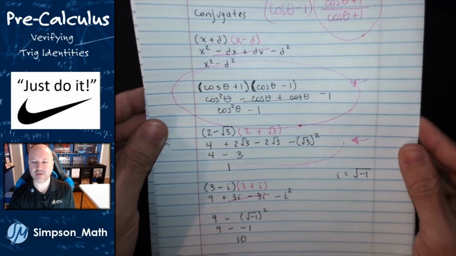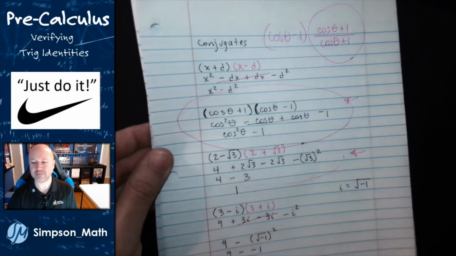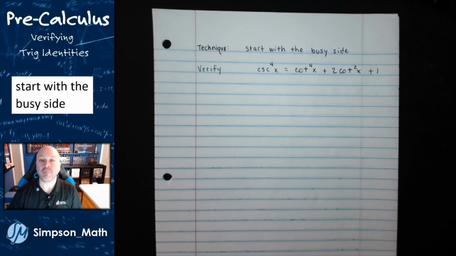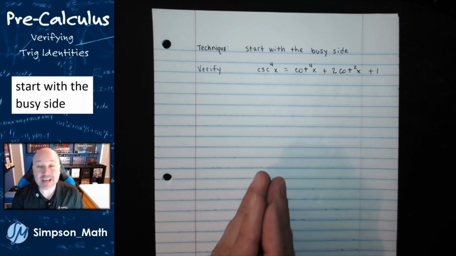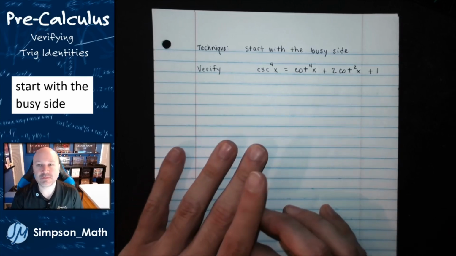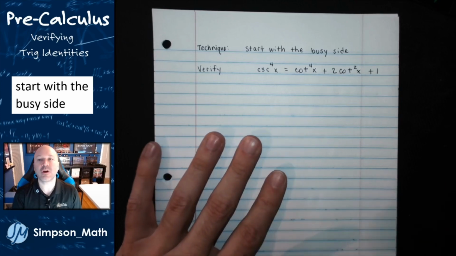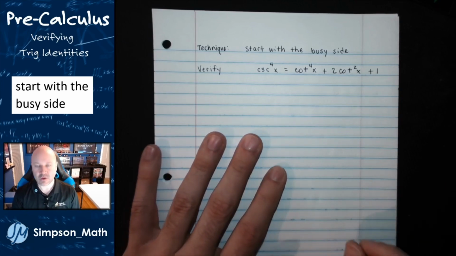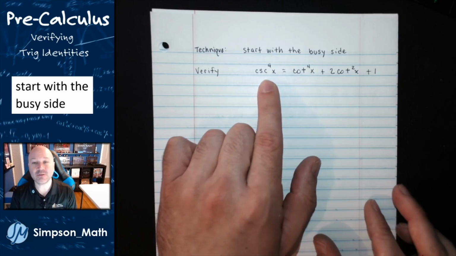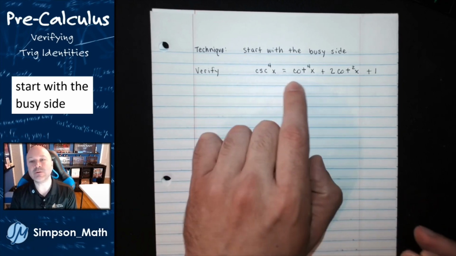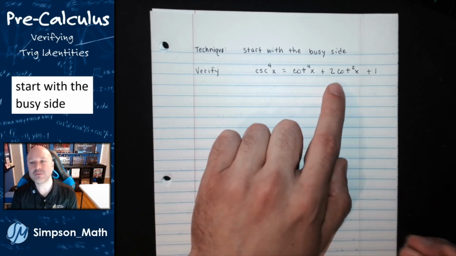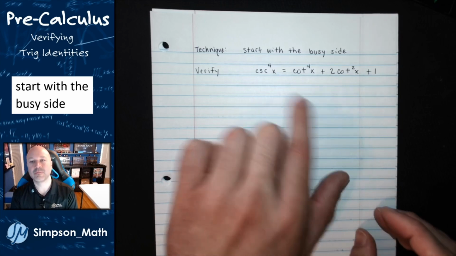All right, let's move on to another technique, though. For this identity, I'm going to talk about a technique where we start with the busy side. So I'd like to verify that cosecant to the 4th of x is equal to cotangent to the 4th of x plus 2 cotangent squared of x plus 1.